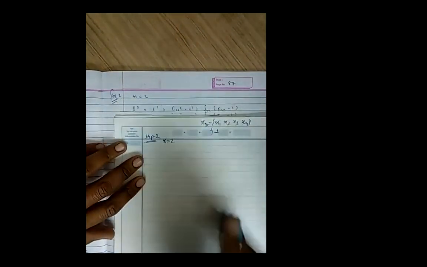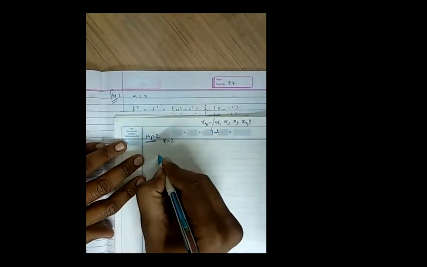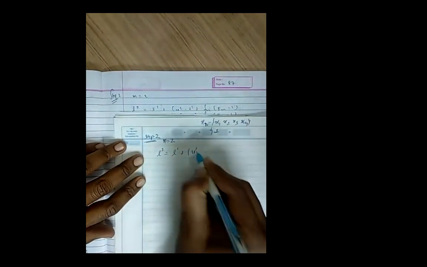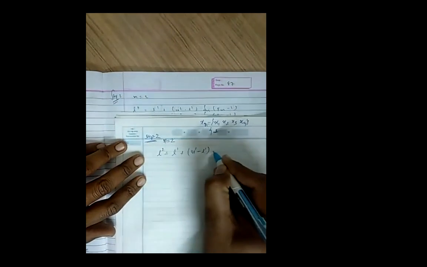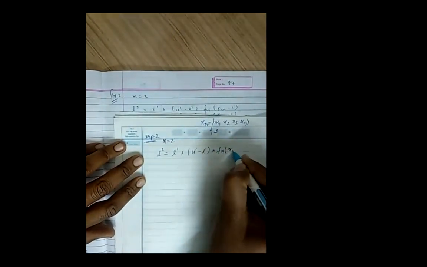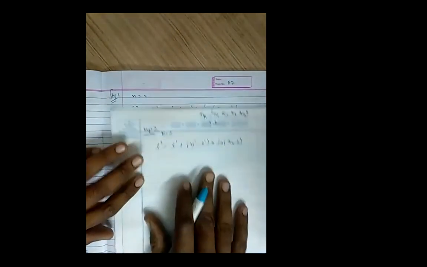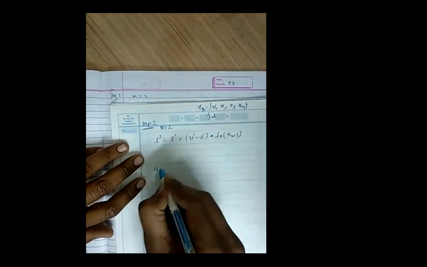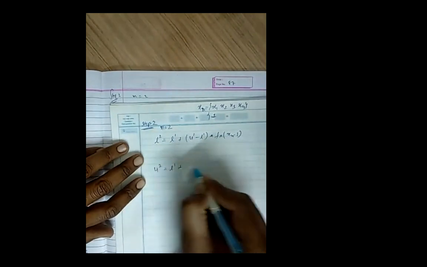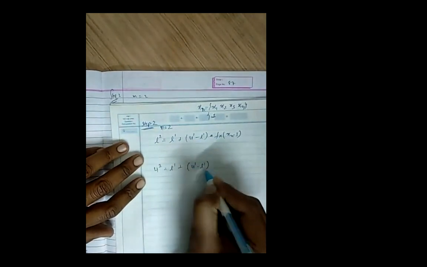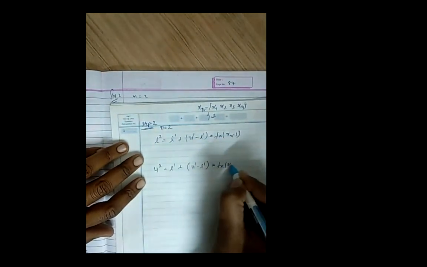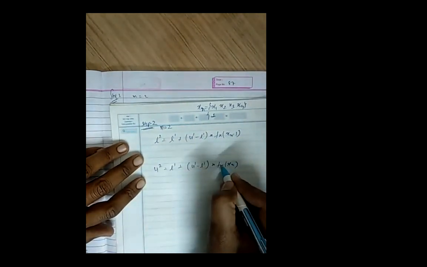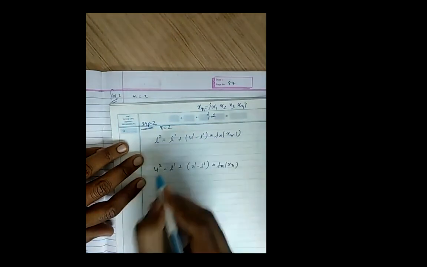So what should be my n equal to 2? Let's put the equation: L = 2 L1 u1 minus L1 multiply fx xn minus 1. In the same way, if I figure out u, it is u to the power 2, L1 u1 minus L1 multiply fx xn. This is my fx and this is my xn.